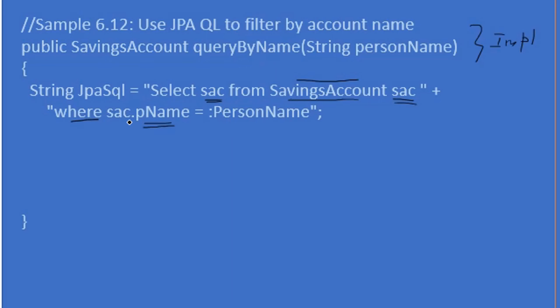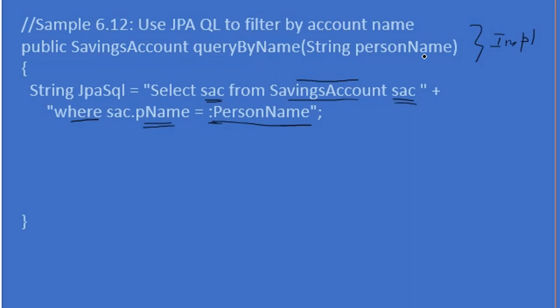So here SAC is our savings account entity dot field name tied to a database with the annotation @Column, and sac.pname equal to, this one is a parameter. So this column and the person name, that signifies that the query can be used for a different person name.